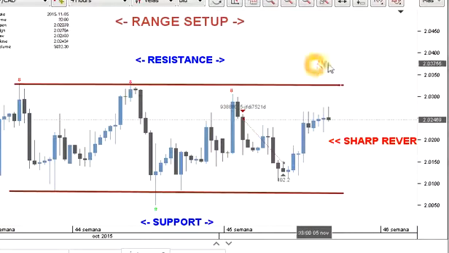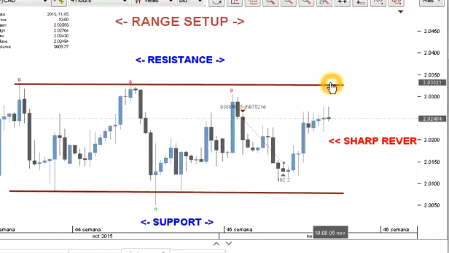The stop loss would still be holding, but as you can see here, right now we're in a situation in which it is possible that the market could actually break out instead of reversing and coming back down to support. So these are the type of situations that you can avoid.